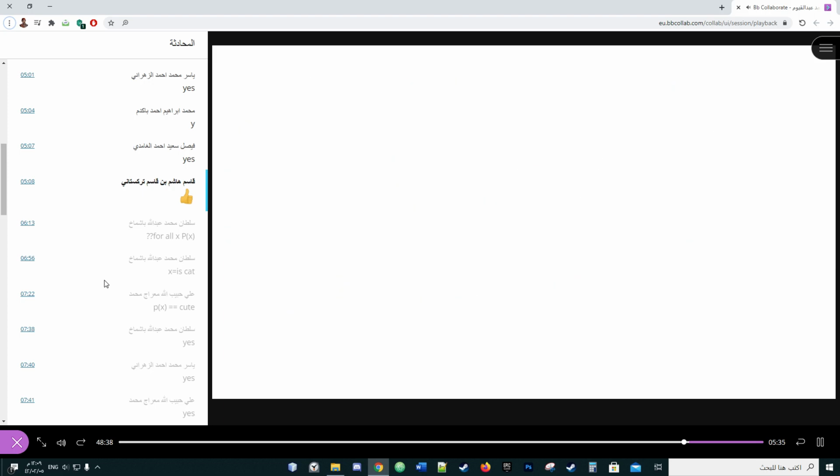Okay, let's take up another example and say all cats are cute. How do I translate this? Again, number one, we come up with a predicate function. So p of x denotes x is cute.